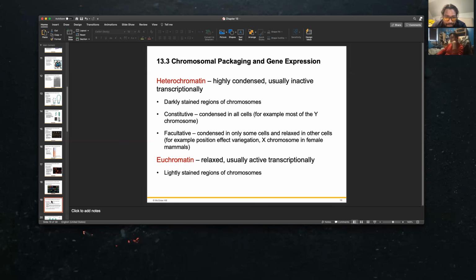And euchromatin is when it's loose, and since it's loose, the DNA is exposed, right? A transcription factor can just attach onto it and cause transcription of a gene. Those are the lightly stained regions of the chromosomes.